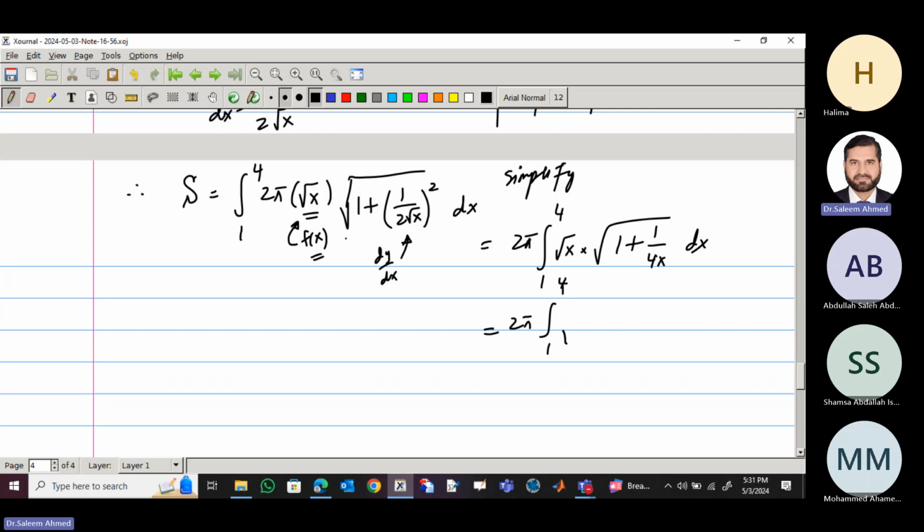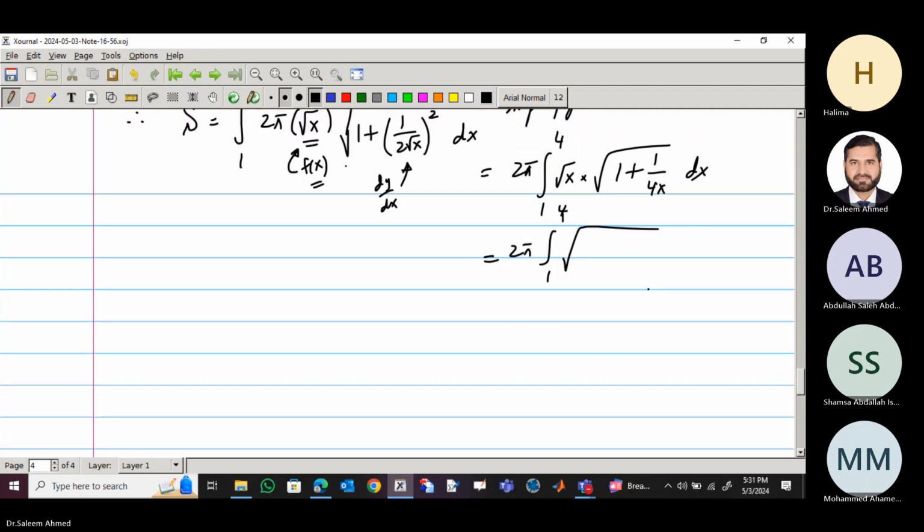You can put just one integration and write x into 1 plus 1 over 4x. So now you can multiply x with both of them. So you get 2 pi integral from 1 to 4 of x into 1, which is x, plus x into 1 over 4x. X cancels. So you get just 1 over 4, to the power 1 by 2, dx.